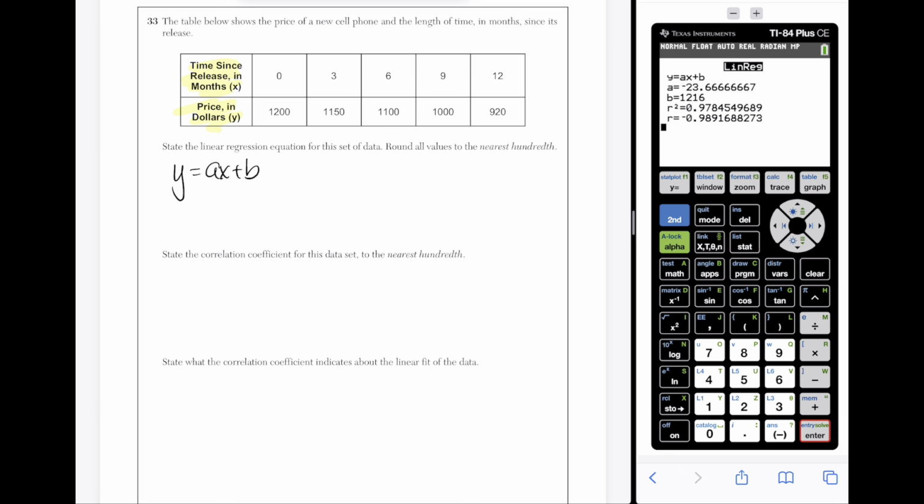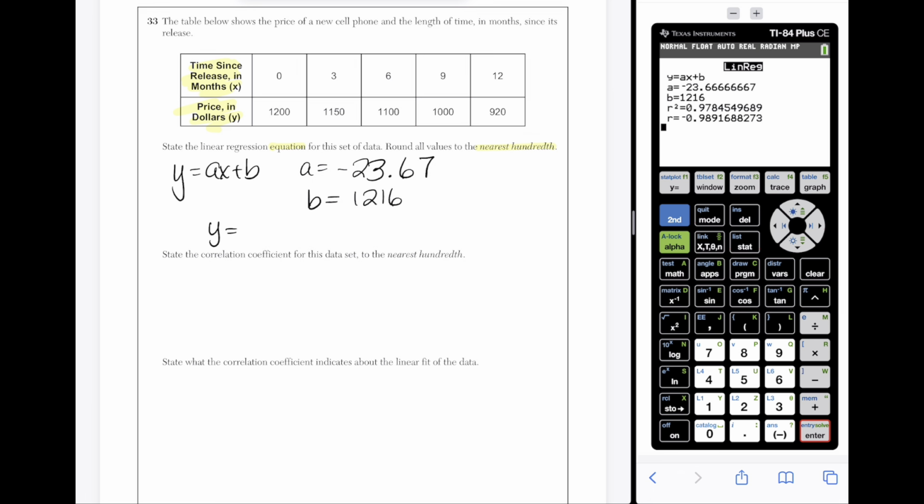We have to round this, so they're asking us for the equation to the nearest hundredth. So our a is equal to negative 23.67. So I've rounded it. And we want our b is equal to 1,216.